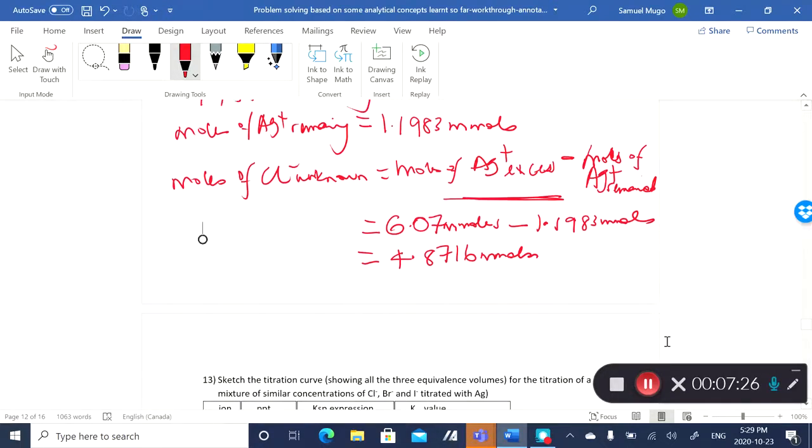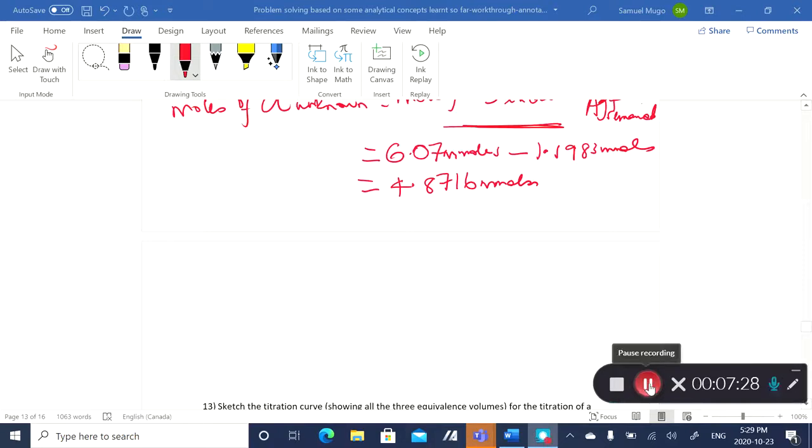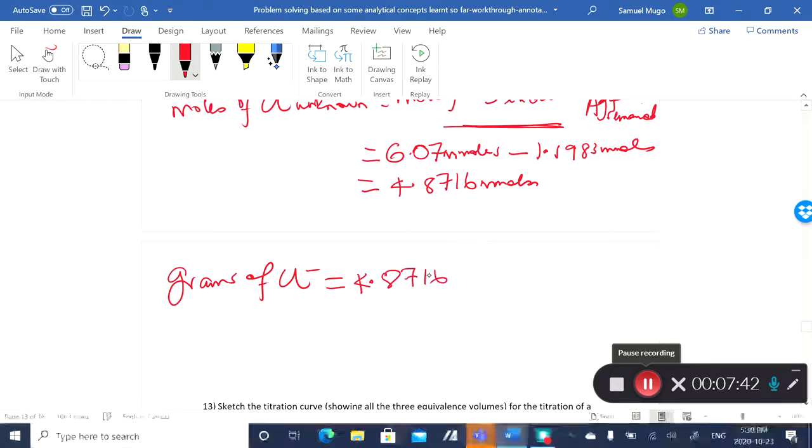The percent chloride is calculated by calculating the grams of chloride, which is equal to the number of millimoles, 4.8716 millimoles, times the atomic weight of chloride, which is 35.45 milligrams per millimole, which is the same as grams per mole.